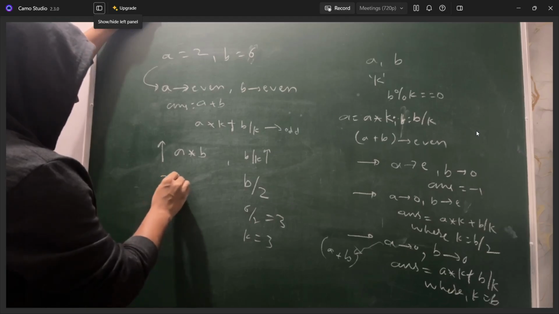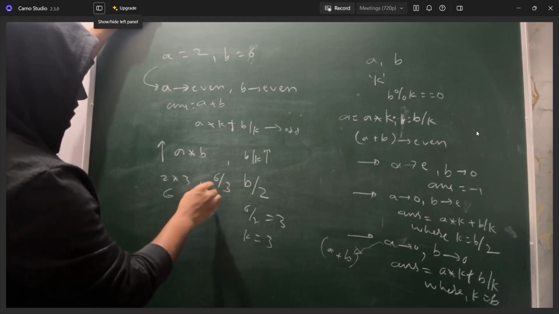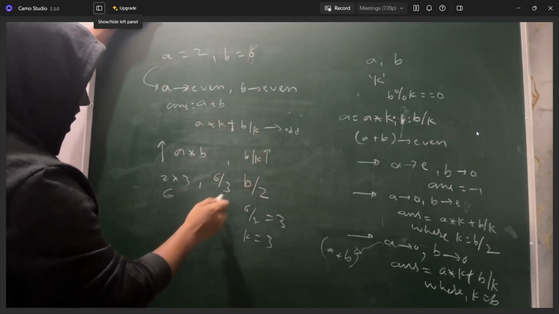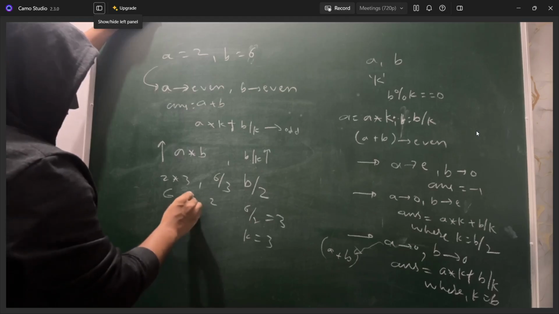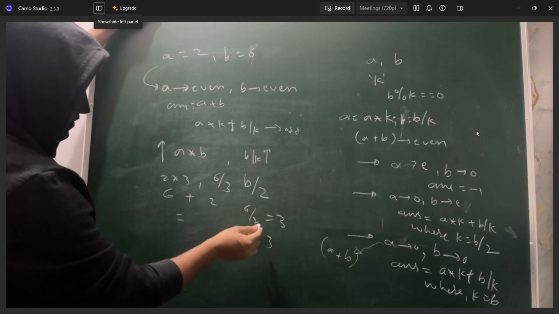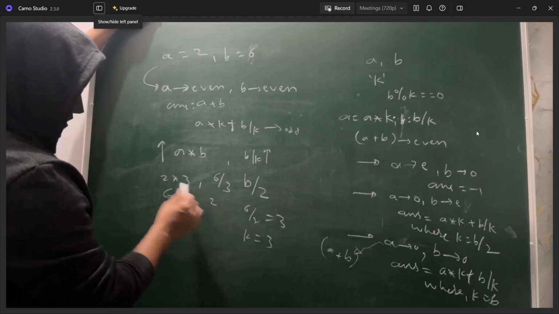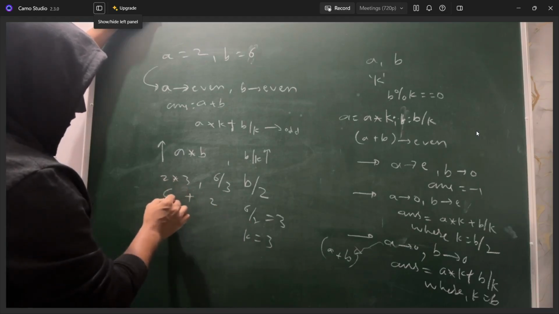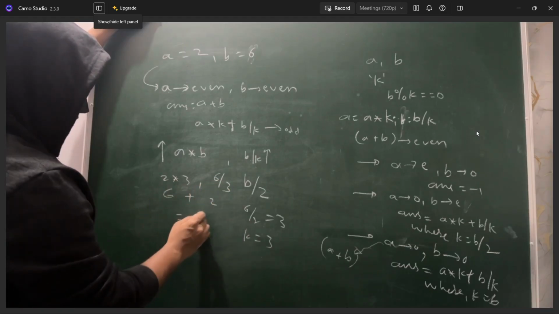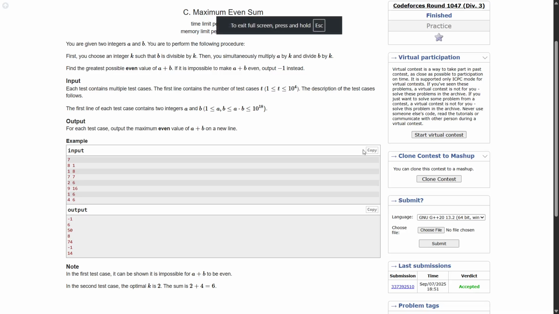So 2 into 3 is 6, and 6 by 3, taking b by k, is 2, and here the sum is 8. This is the fourth one, and for the fourth one we have 8 as the answer.